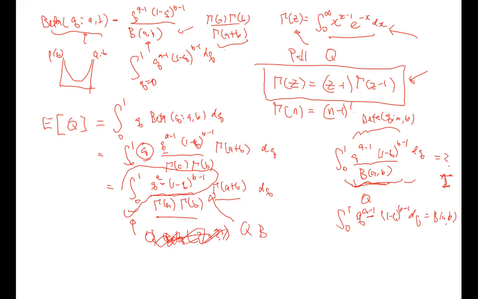It will be B again, so this is simply B(A plus 1, B).